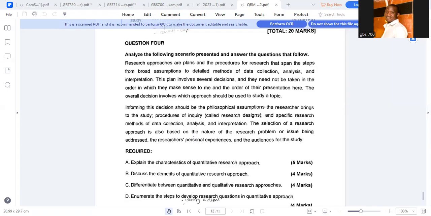Can somebody explain what is involved in the descriptive research design?